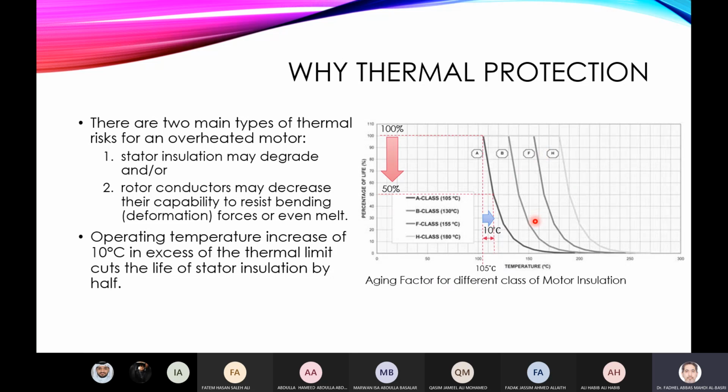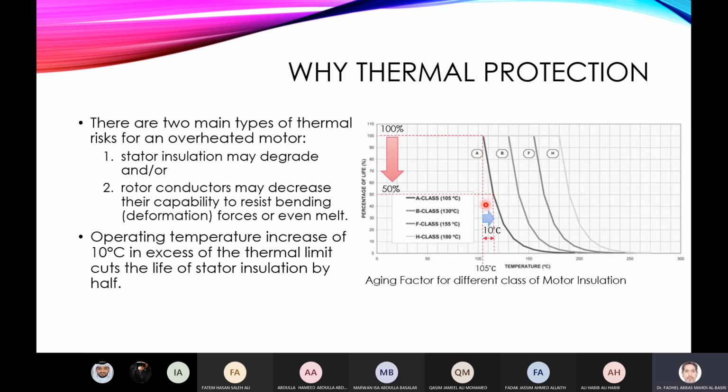From these curves it can be clearly observed that a 10-degree increase beyond the rated temperature limit will drop the life to half. For example, this one is rated 105, which gives you 100% of its life.